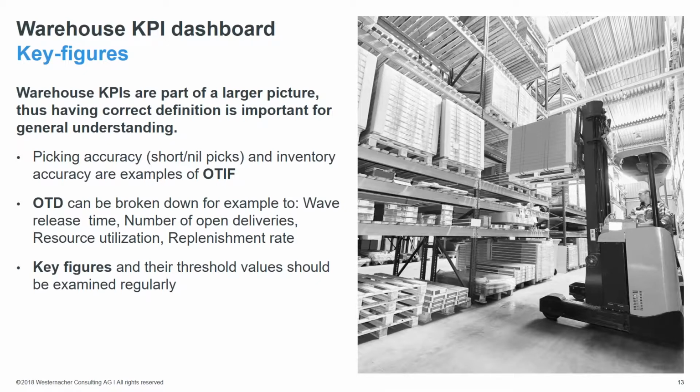So, for example, the picking accuracy and short picks are part of OTIF, and as I mentioned, the OTD can be broken down into the sub-steps in the warehouse, like wait status, open deliveries, resource utilization, etc. And obviously, our KPIs should be examined on a regular basis, so we can always do better.